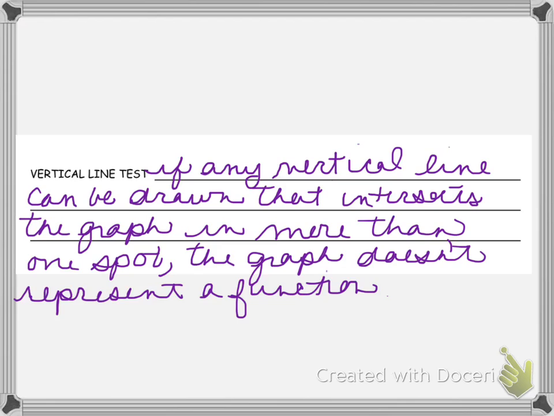And that makes sense because all points on a vertical line have the same x-coordinate. If that vertical line intersects in more than one spot, that means the graph has two different spots that share the same x value and have different y values. Or there are elements in the domain that are matched up with more than one element of the range.